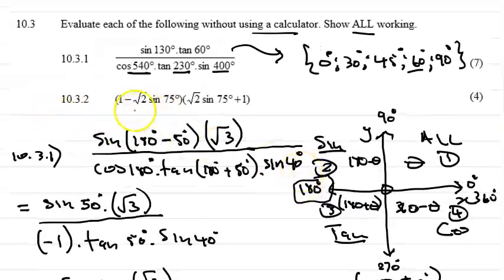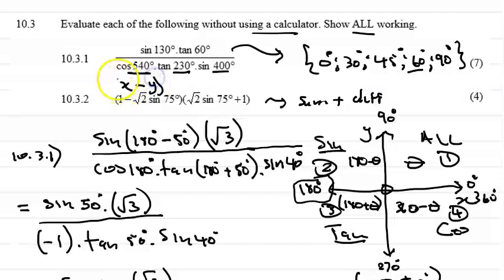In the next question I have 1 minus root 2 times sine 75 into root 2 sine 75 plus 1. Now if you look at this, this is sum and difference. Sum and difference means that if I have x minus y into x plus y, I'm going to be left with x squared minus y squared.